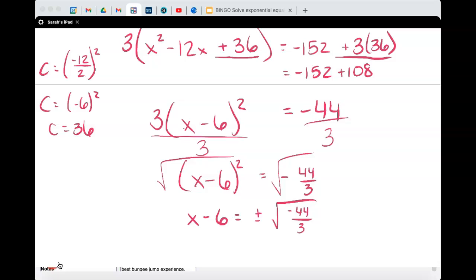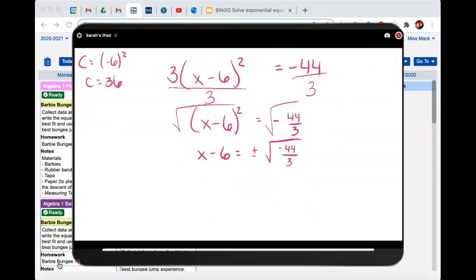So the square root of negative 1, we can take out the negative and replace it with the imaginary number. Okay. So this right side becomes plus or minus i square root of positive 44 over 3. We still have x minus 6. Okay. We still need to simplify this lovely radical sign.